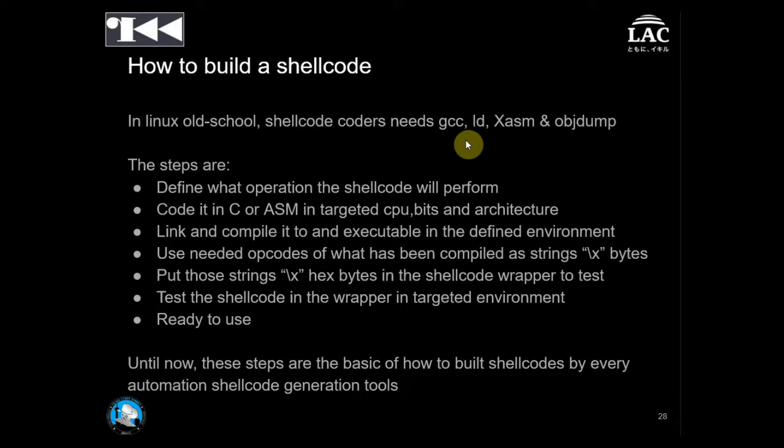Anything that can be used for that. In my case, I'm using the Netwide Assembler, which I'm also using for this workshop, and there is also objdump. These tools are still valid until now, and you can use them for any kind of shellcode operations.